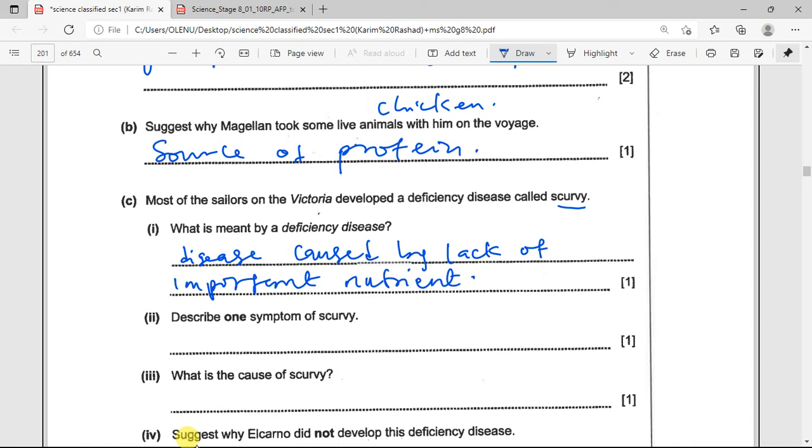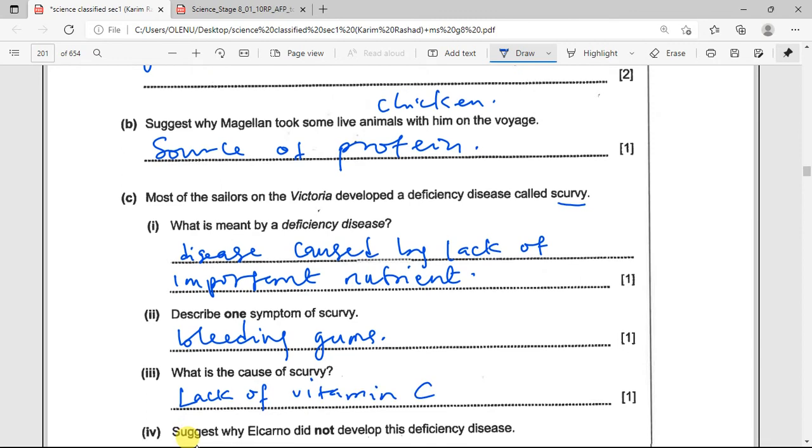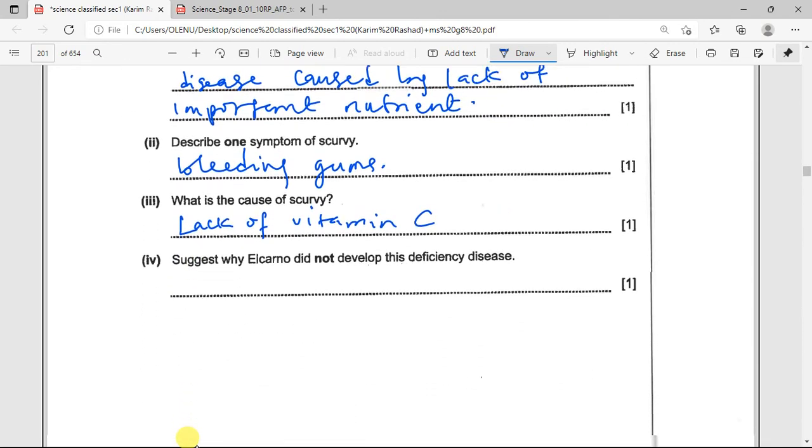Now, describe one symptom of scurvy. It has to be bleeding gums. Bleeding gums is a symptom. Now, what is the cause of scurvy? Scurvy is caused by lack of vitamin C. Now, suggest why Elcano did not develop it.